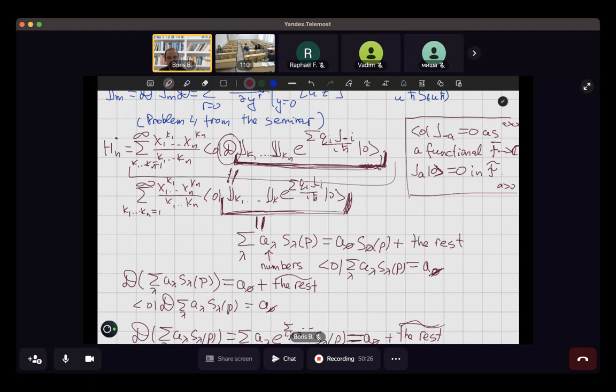This stuff does not deal with the vacuum and covacuum; it's not operators in the Fock space. So we want to compute the last part with this exponent. So let me write it.